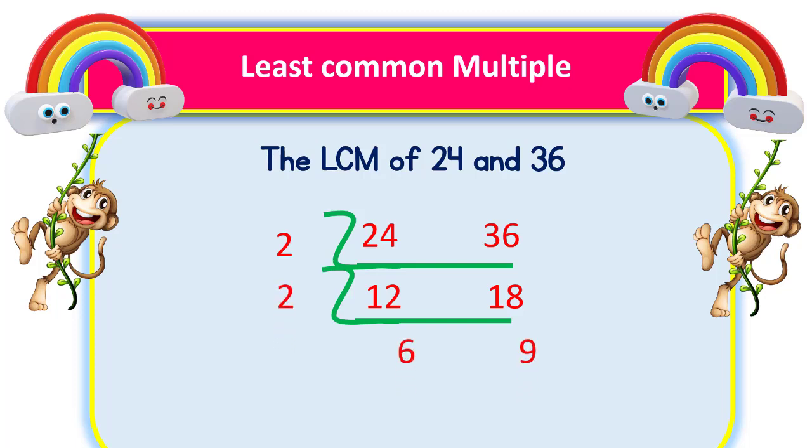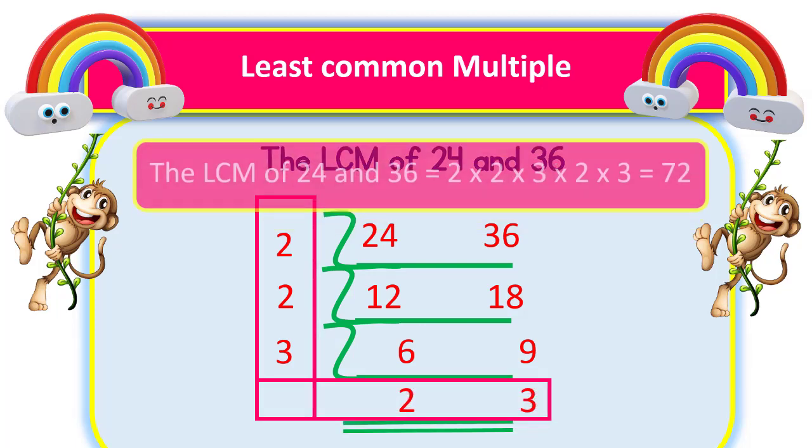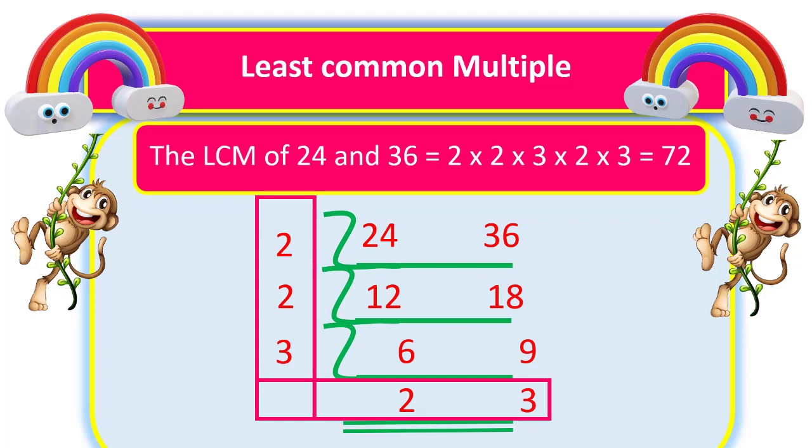Next, 12 divided by 2 is 6. 18 divided by 2 is 9. 6 divided by 3 is 2 and 9 divided by 3 is 3. So the least common multiple of 24 and 36 is 2 times 2 times 3 times 2 times 3. It is equal to 72.